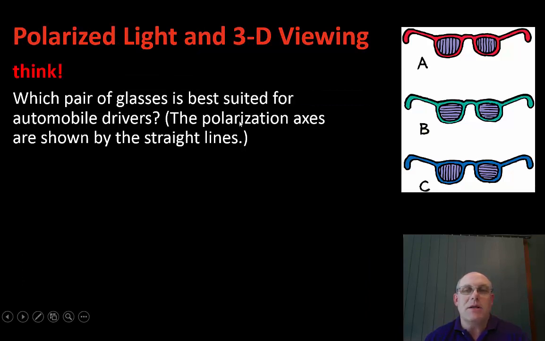Polarised eye viewing. If we're looking at this scenario here, which pair of glasses would best suit a driver? Obviously you're having reflections off the road. So do you think it's A, B, C? I suggest you stop this video and have a bit of a chance to have a think about it.